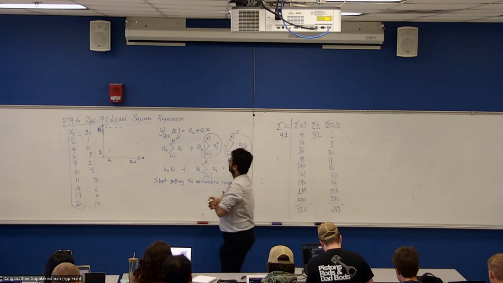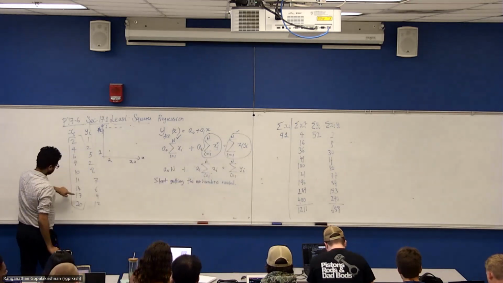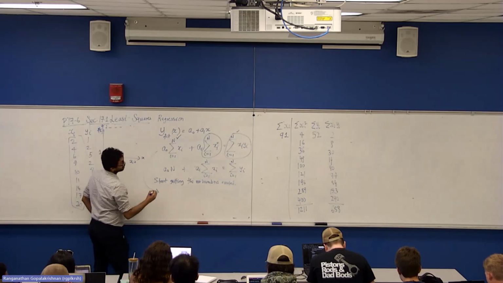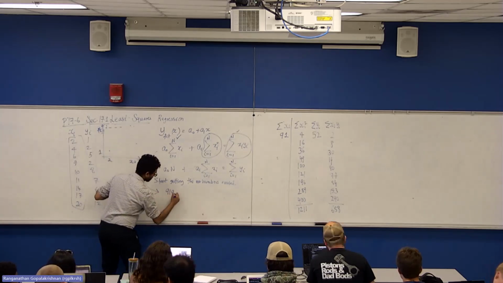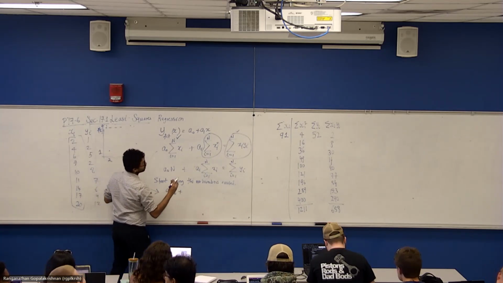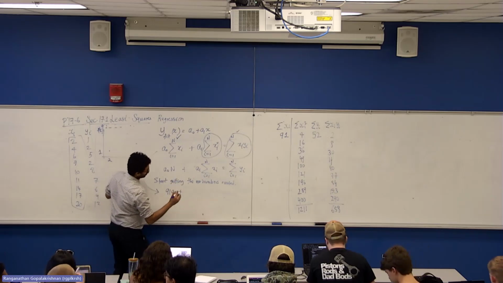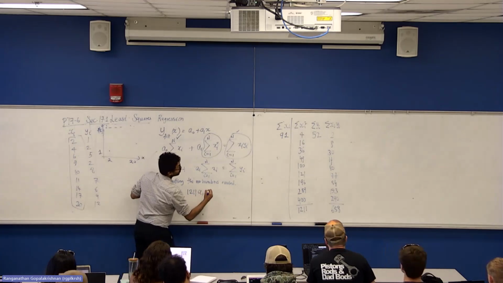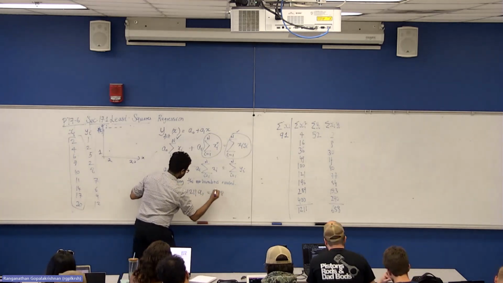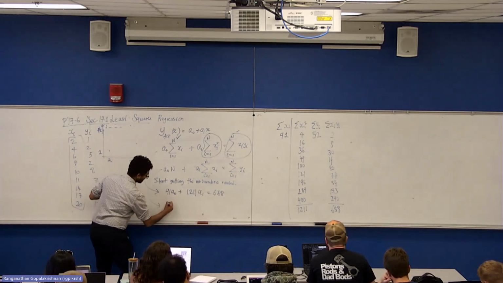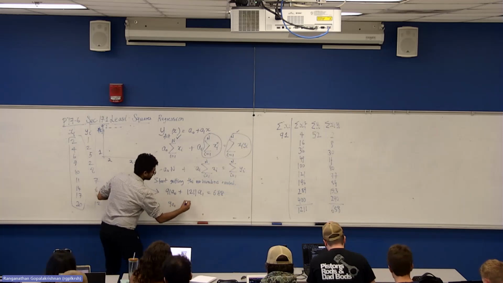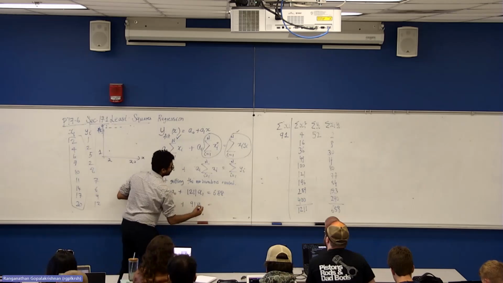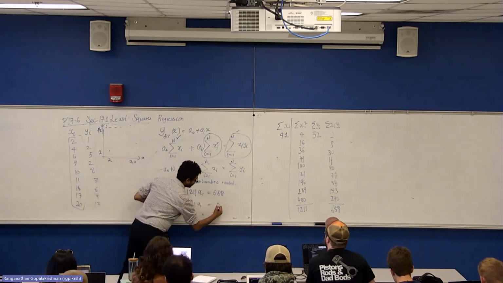So these two equations will become 91 A naught plus 1211 A1 equal to 688, and 9 A naught plus 91 A1 equal to 52.